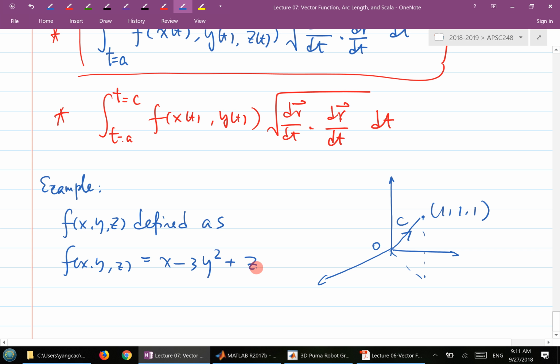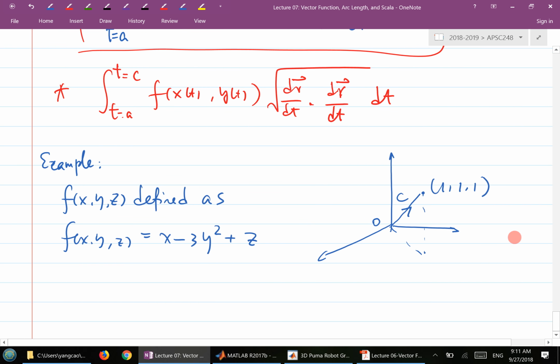So here's the function, and if you plug in any point on the curve C into the function, you'll get back a certain value returned, right? So that can be the density.